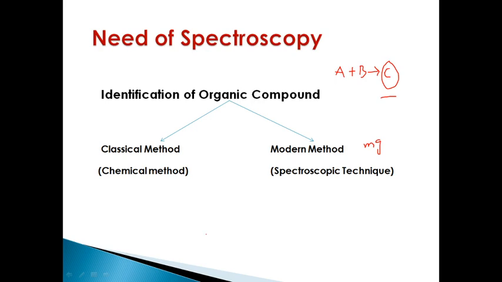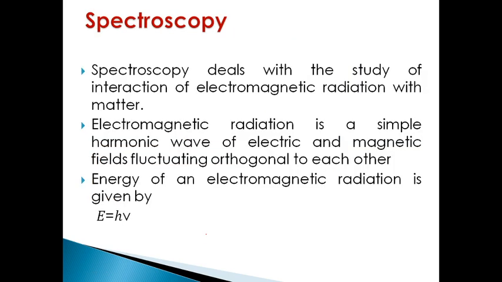Okay. Next, what is spectroscopy? Spectroscopy is a field of science which deals with the study of interaction of electromagnetic radiation in all its forms with matter. Electromagnetic radiation is nothing but energy.